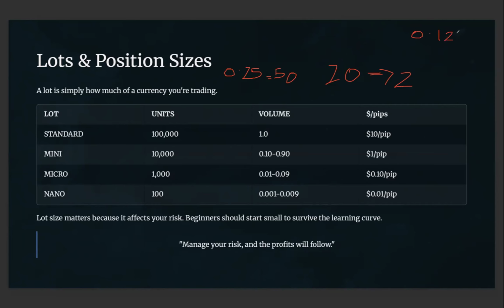So we cannot get 25. There's no point five here. It's a 0.12. So if you do 0.12 and price goes against you, what you'll be losing will be 12 times 2, that's $24.